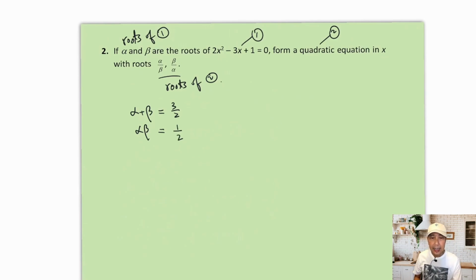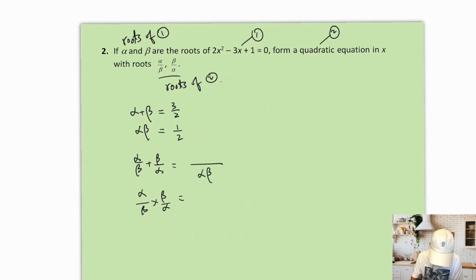The second step, we need to find alpha over beta plus beta over alpha. These two are the sum and the product of roots of the second equation. To add the two fractions, we multiply the denominators.